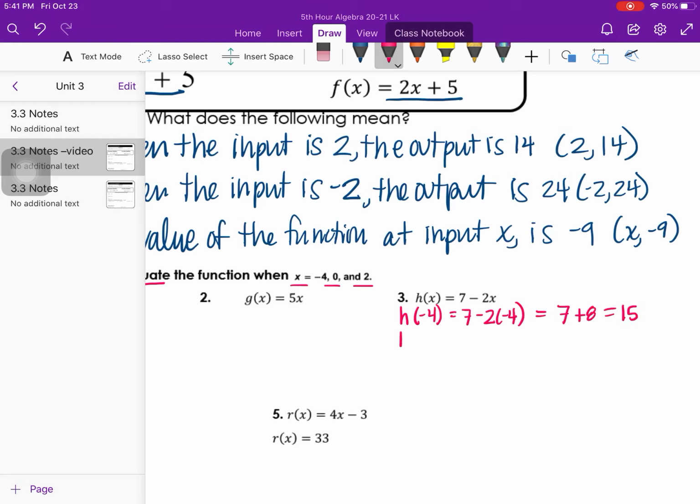My next input is 0. We like using 0. 7 minus 2 times 0. 7 minus 0 is 7. And my last input, h of 2. 7 minus 2 times 2. 7 minus 4. That output is 3.